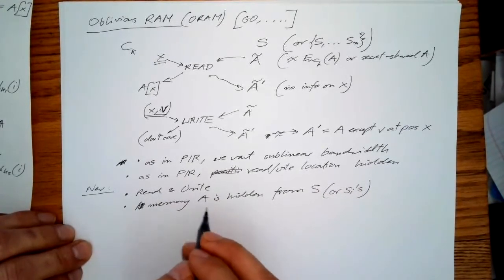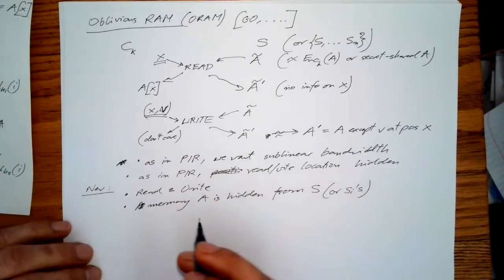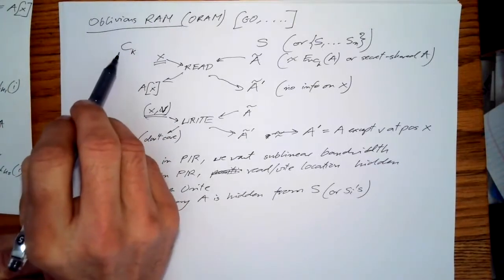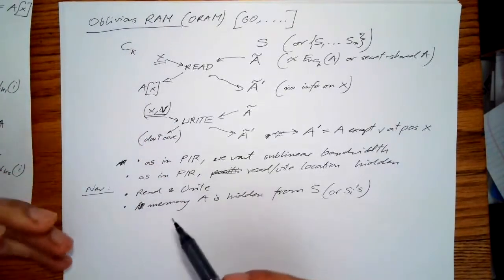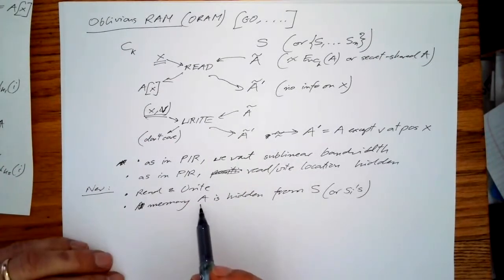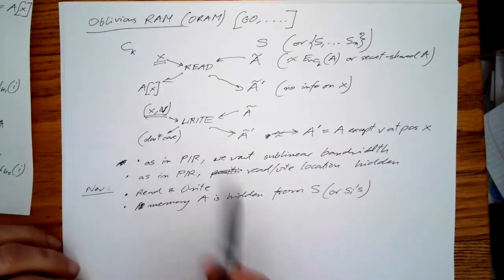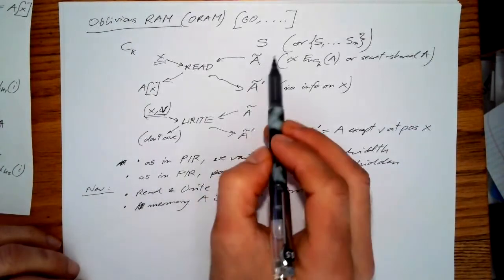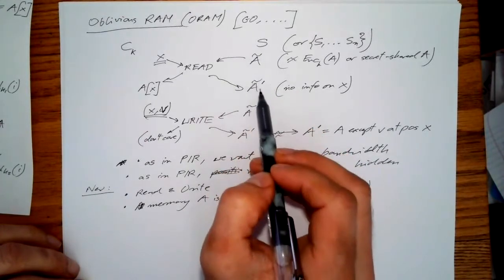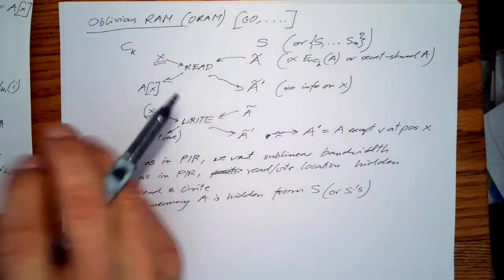In PIR, the memory was not understood to be the property of the client. It was some service that the client used, and it was that service's data. So the data was known to the servers. The location of retrieval was not. Here, it's an outsourced private memory, where the memory is encrypted under a key.